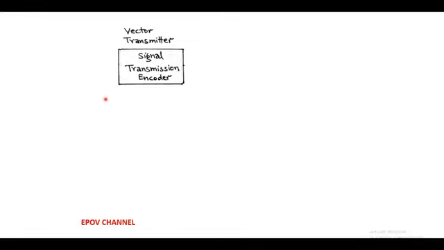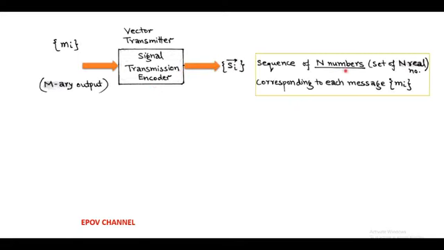Now, the M-ary output, that is Mi, is passed through the vector transmitter, which is a type of signal transmission encoder which encodes the M-ary output into a sequence of n numbers, that is a set of n real numbers, having a dimension capital N less than or equal to capital M. Which means at the input side we have M-ary output, and after converting into a sequence of n dimension, we get a set of n real numbers.